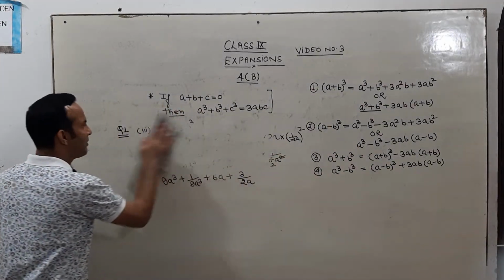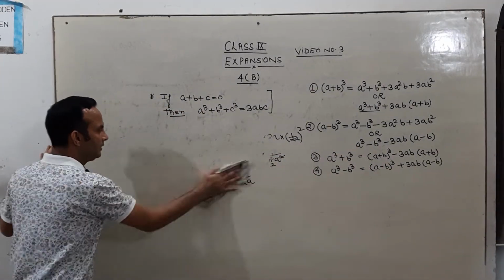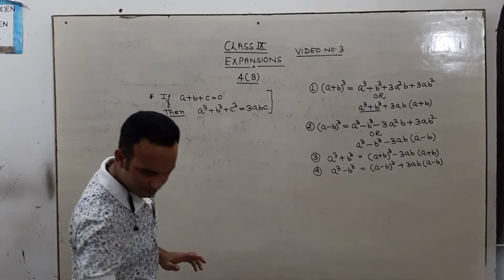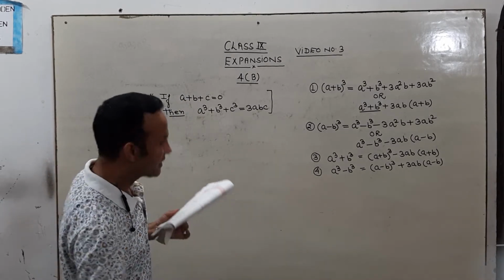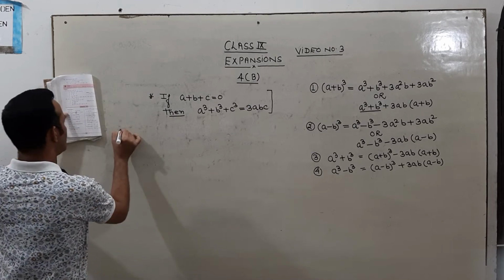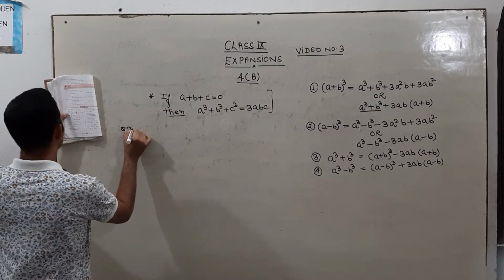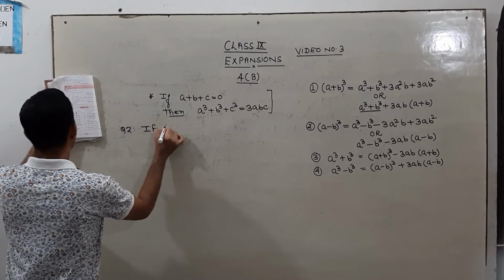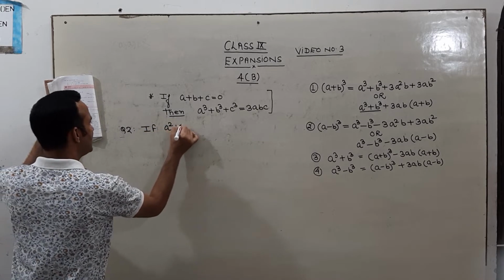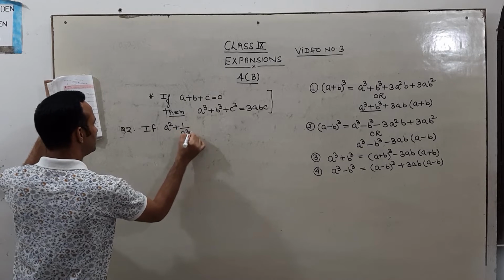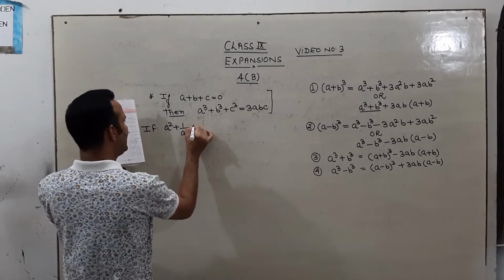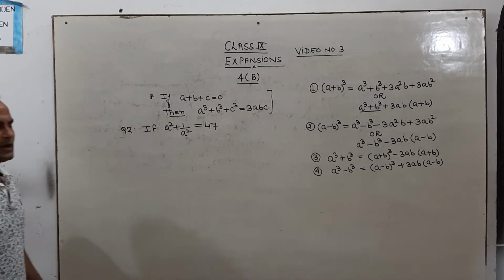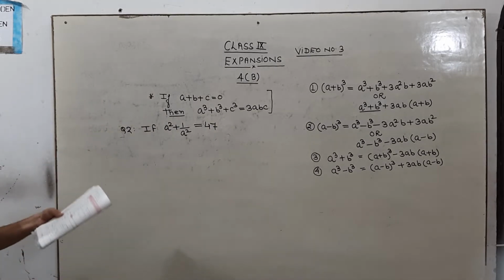See the second problem of this exercise. Question number second is: if a square + 1 upon a square is equal to 47, the value of a square + 1 upon a square is equal to 47.